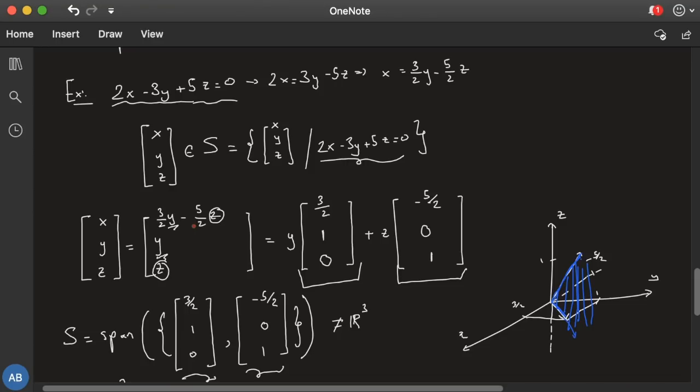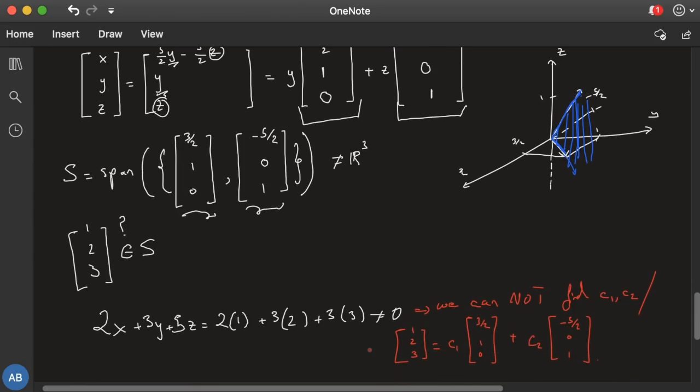In some cases, which are not coincidence, we will see those in more detail later on. It turns out that the subspace could not be Rn, as is the case here. So the blue subspace, you can see here, is a subspace that falls in Rn but does not cover all Rn. And to see this more clearly, we tested for the vector 1, 2, 3. We picked a vector at random, and it turned out that this vector does not fall in S and hence could not be written as a linear combination of the elements of its span.